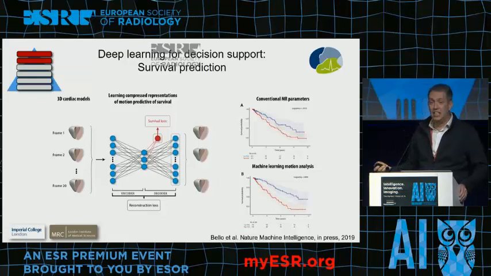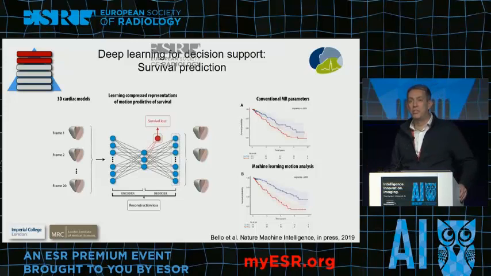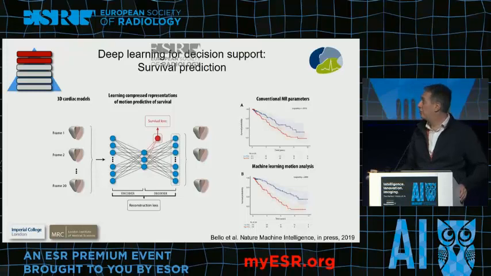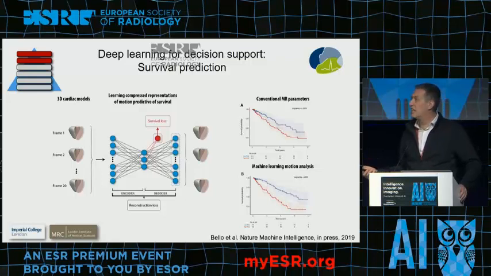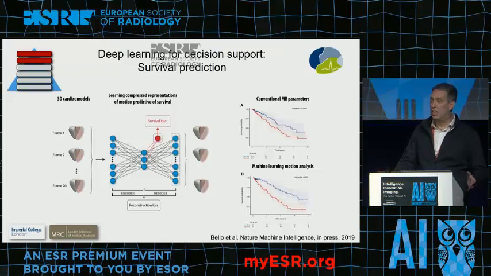And if you do a conventional survival analysis, you don't have a very good separation between those patients who survive longer and those who don't. If we add all these features together from the neural network, we can now do a much better survival prediction of patients with pulmonary hypertension.